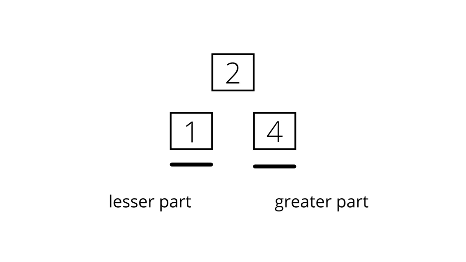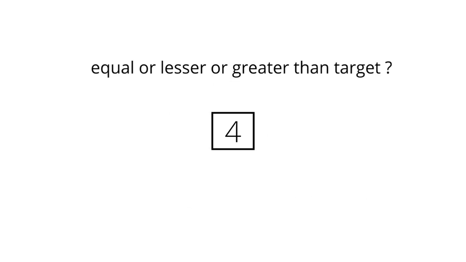So we don't need to check that. We just need to check this element only. In this element we do the same, whether it's equal, lesser or greater than the target. The target is 4 and the element is 4, so it's equal. So this is the basic idea behind binary search.